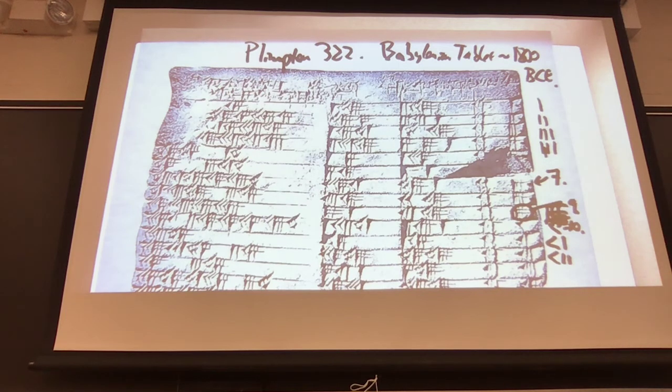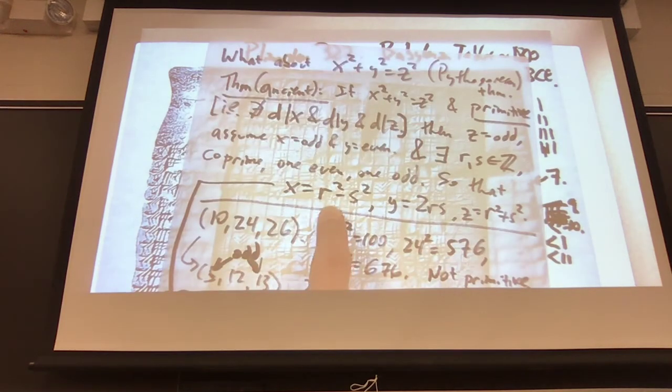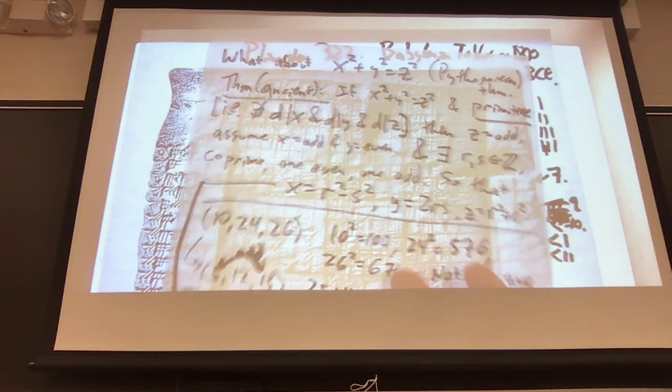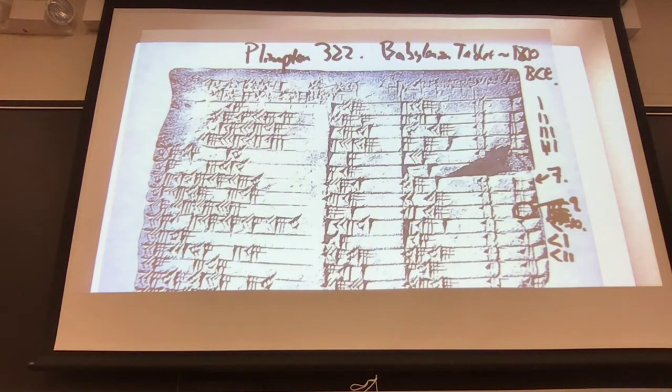They had a technique, and the technique that they had was exactly this theorem. They understood this parametrization of Pythagorean triples, which meant that they could create arbitrarily large Pythagorean triples, including the ones that we'll see here. Okay? If this doesn't completely blow your mind, well, then you've seen it before, or you have no heart.